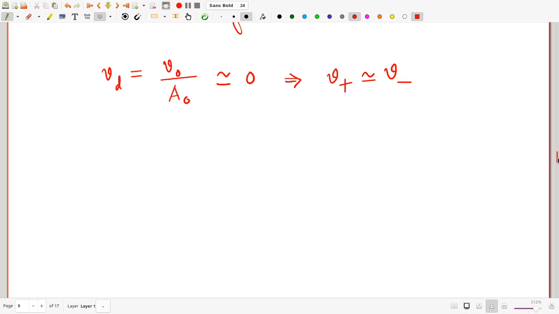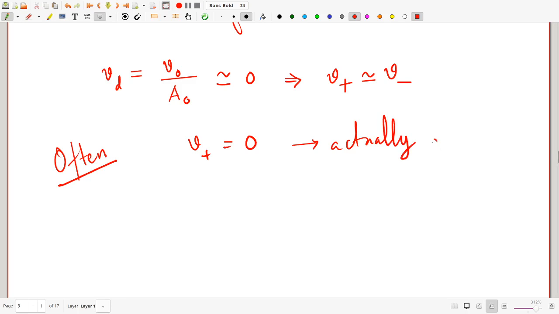Now in many applications, as in the inverting amplifier, the non-inverting input, the input marked plus, is grounded. So what you can have is, often, not always, V plus is 0 because this is actually grounded.